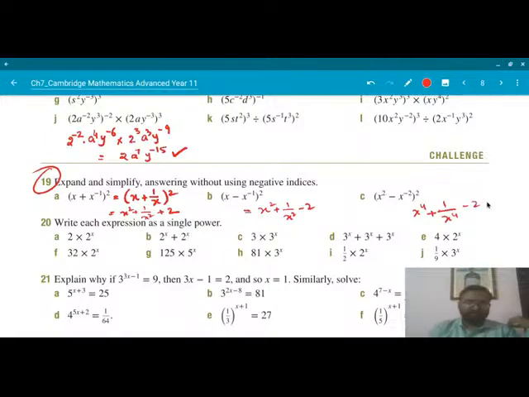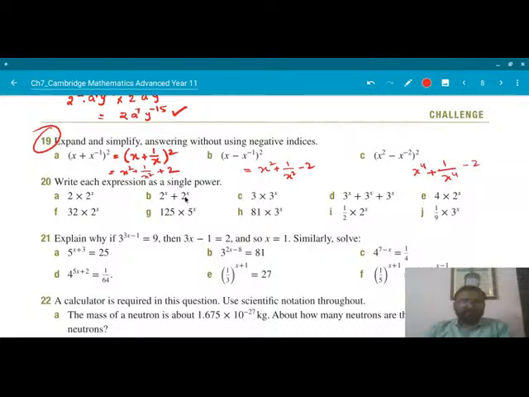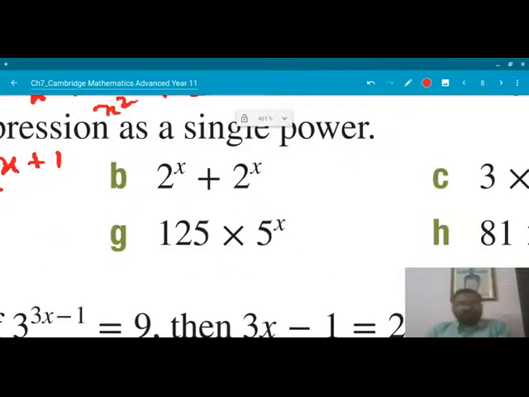You have to write a single power. Here, bases are same, powers to be added. It's 2 power x plus 1. What about this product? What is this b? No, it is not product.